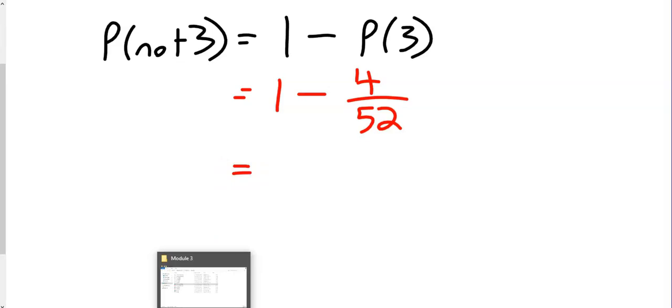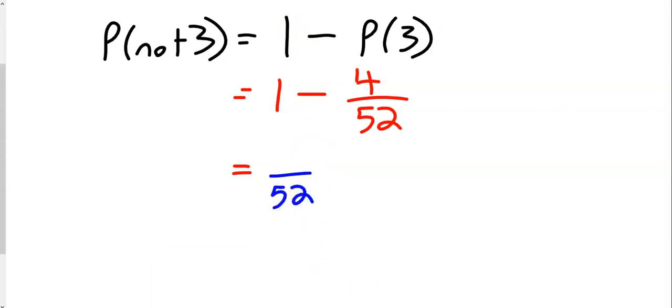But I want to talk real quick about what this actual number is. Here's an easy way to figure out what this ends up being. Of course, it will be over 52 when you do the 1 minus the 4 over 52. This top number actually ends up being the not 3.